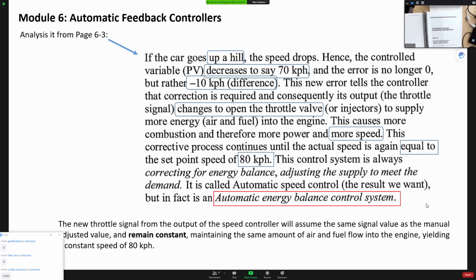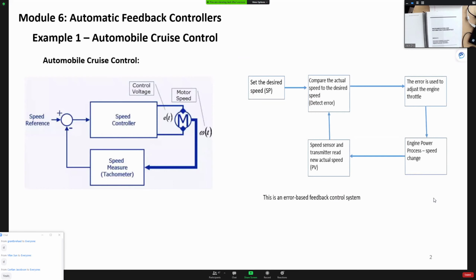So we call this an error-based control system, and we also call it a negative feedback system. Here is a block diagram to show you that. So this is considered an error-based negative feedback control system.